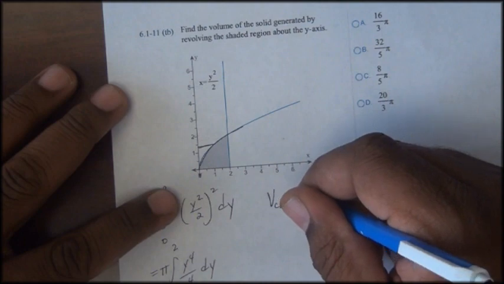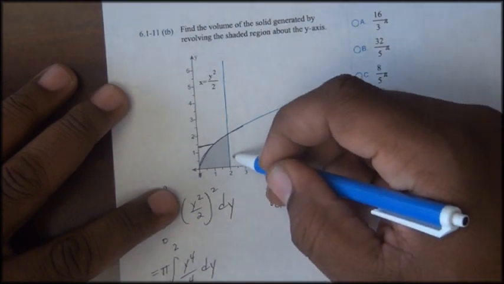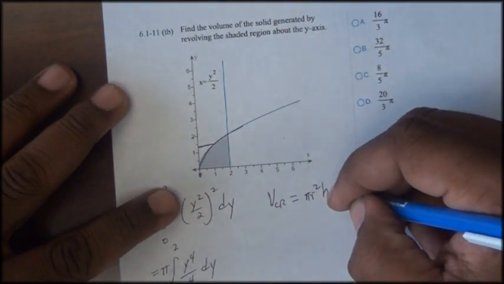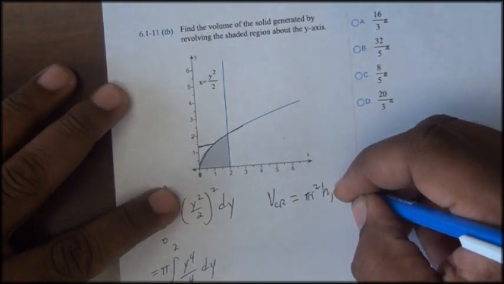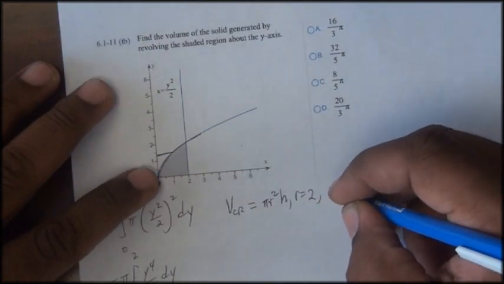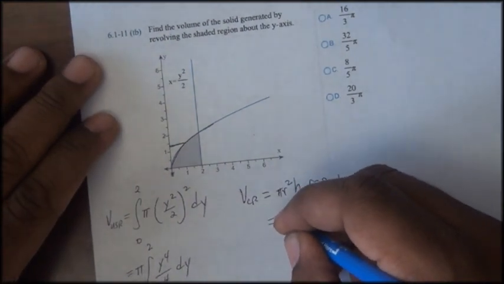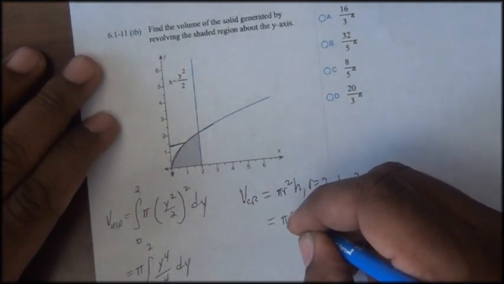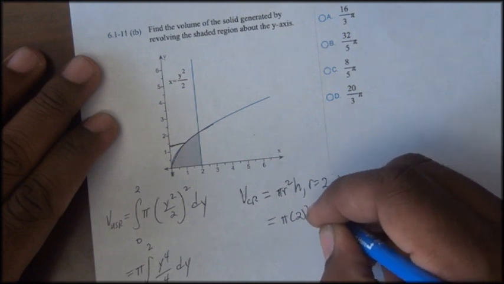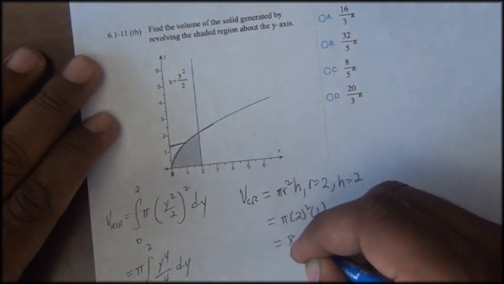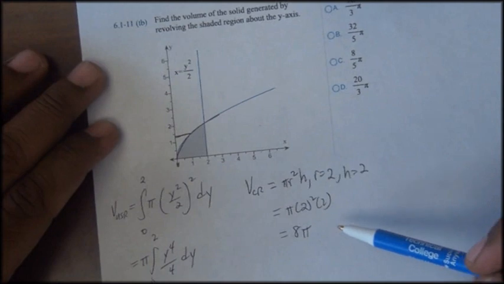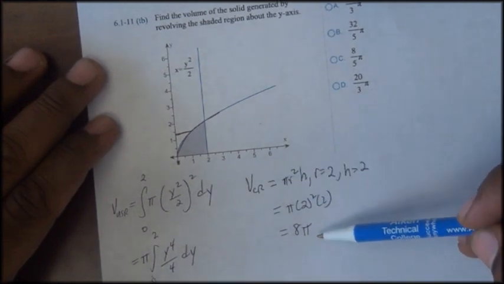So we have pi times the radius squared. We'll multiply that by the height. So our radius is 2. Our height is also 2. So we'll plug those values into our volume formula. And we have a total volume for the circular region of 8 pi.